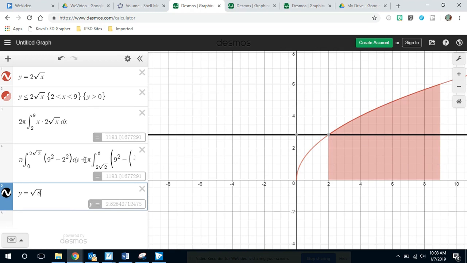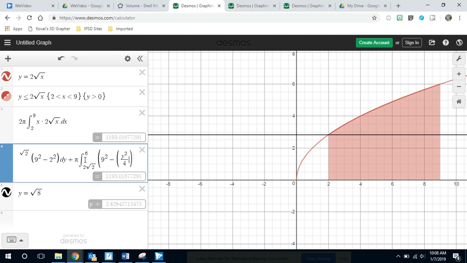And then for the second part of the problem, it's 9 squared minus y squared over 4 squared, because you would have to change it to be in terms of y's in order to do this. But the biggest radius would be 9, and then the smaller radius would be y squared over 4. And so that would be how you do problem 1.